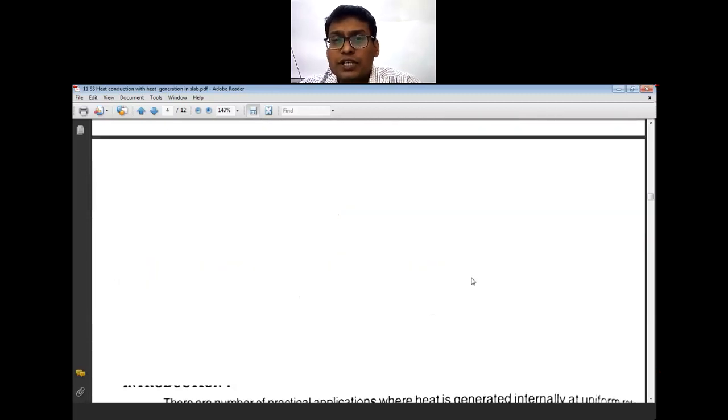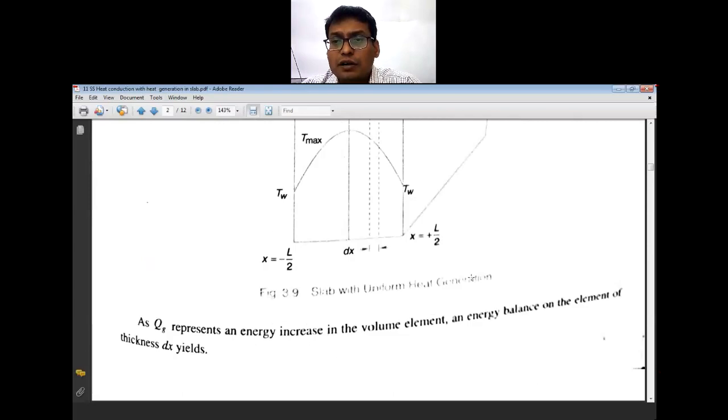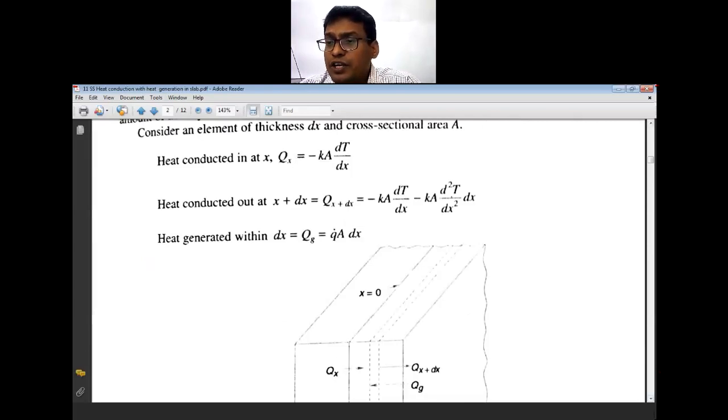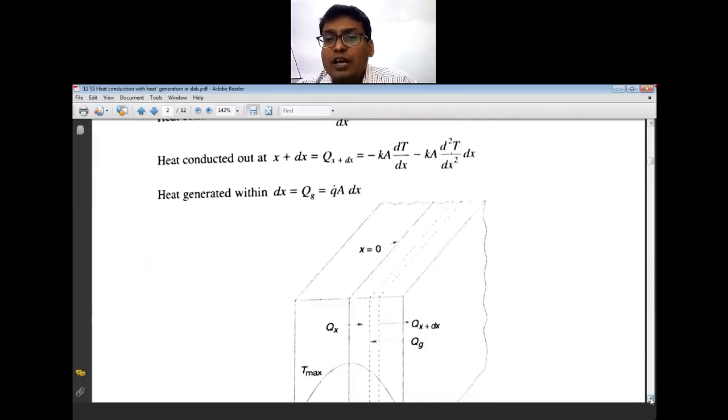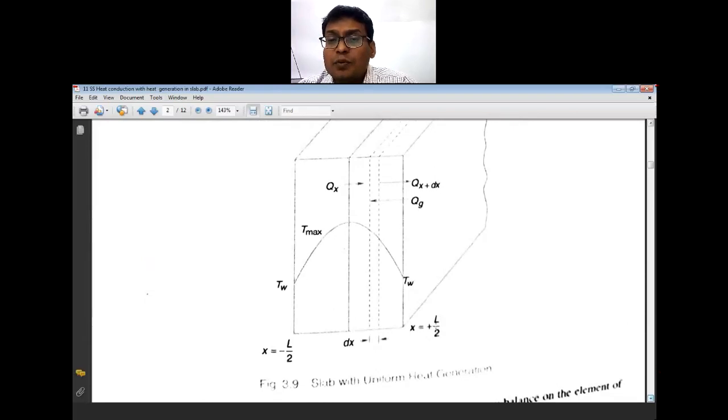So coming to the basic figure, here we have taken into account the heat transfer because of conduction only. Now there is also another resistance, that is the convective resistance. That means from this wall temperature TW, it is going to T infinity.